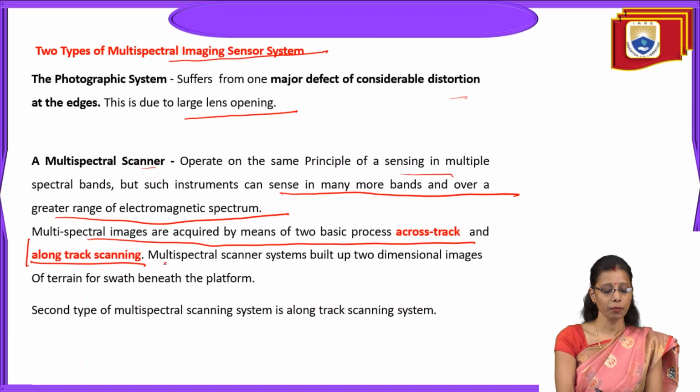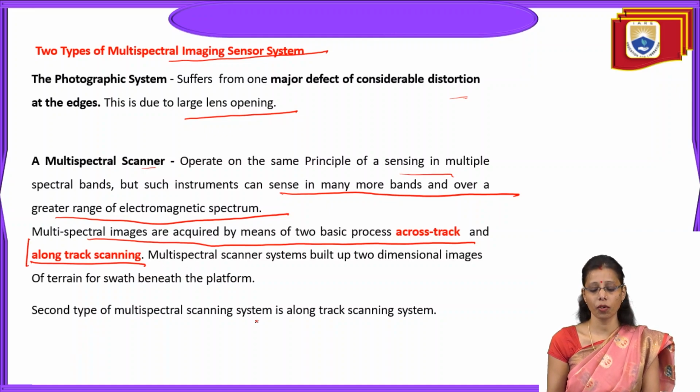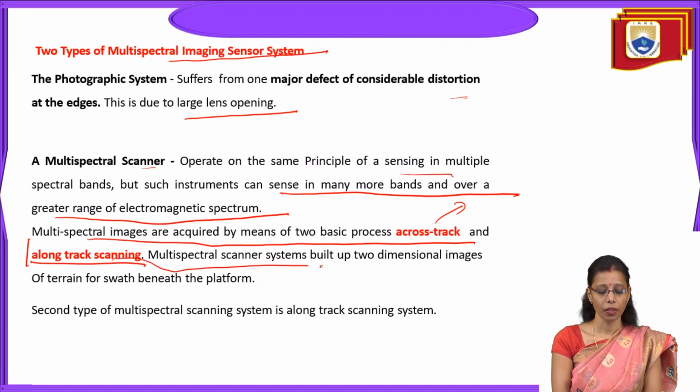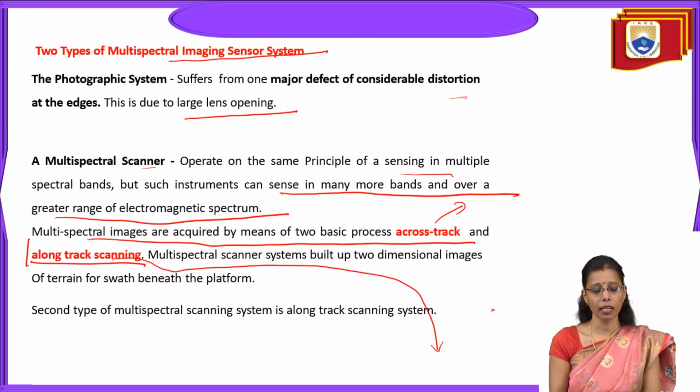So there are two types of multispectral scanner: one is the across the track scanner, and one is the along the track scanner. These are two types of scanning system. At the time of capturing the information, the multispectral scanner will work in two different ways, either across the track or along the track of the terrain, for the swath beneath the platform.